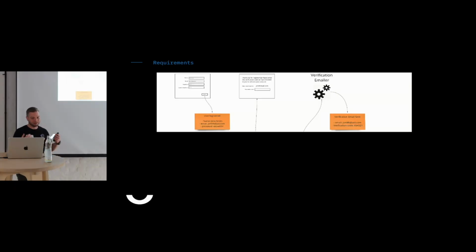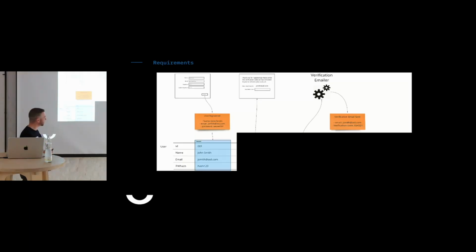And maybe in your head you were already figuring out, okay, there maybe needs to be a table with a user. It has certain properties: ID, name, email, and a password hash. But it's actually not enough.